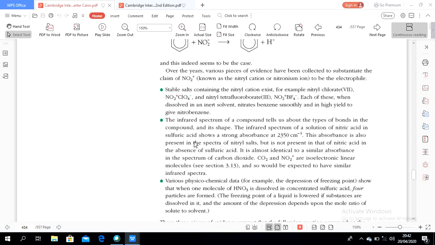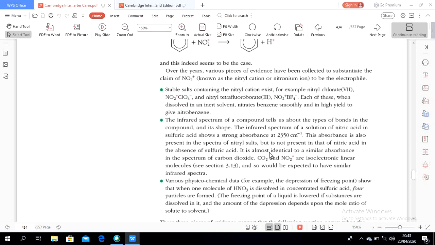This absorbance is also present in the spectra of nitryl salts, but is not present in that of nitric acid in the absence of sulfuric acid. So it means that we have to use sulfuric acid and also the presence of nitric acid in order to have the same absorbance. The same absorbance means that the nitrate can react with the benzene.